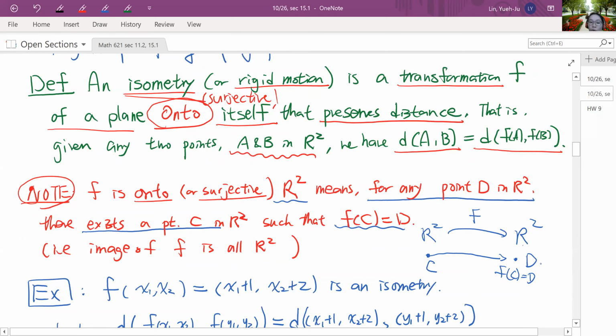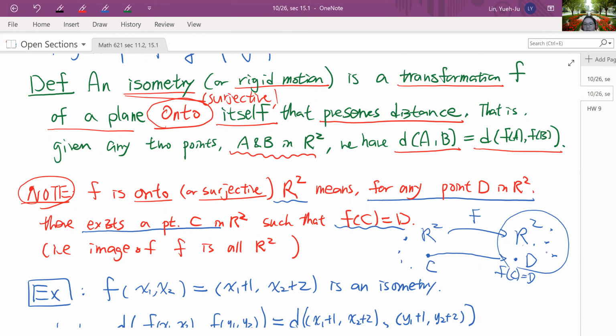You can always find what we call the pre-image. So this is essentially the definition of a surjective or onto map. Anything in R2, you can find a corresponding point in the domain such that it gets mapped to the target we want. That's onto, that's surjective.